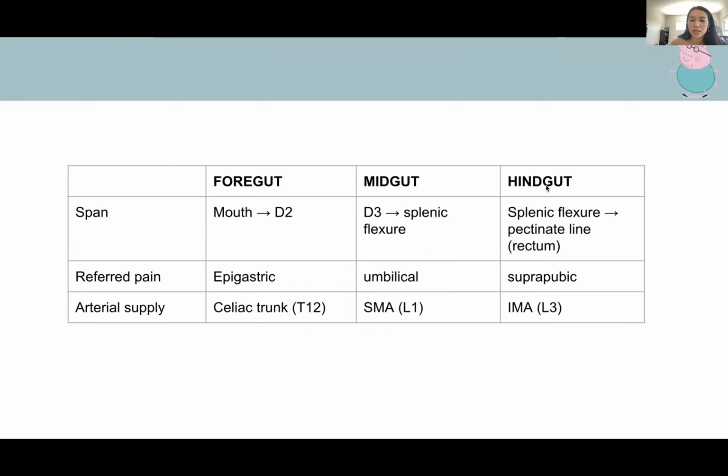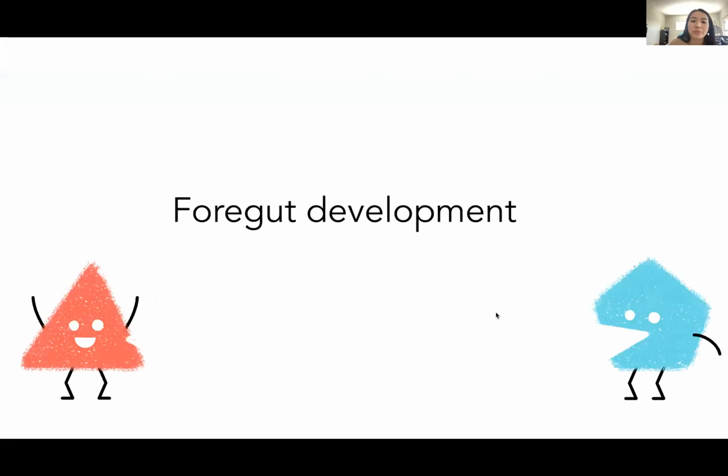And then hindgut is from that splenic flexure all the way to the pectinate line, the part in the rectum that goes from visceral to somatic sensory innervation. The pain there will go to the suprapubic region, just on top of your bladder, and it's supplied by the IMA, the inferior mesenteric artery.